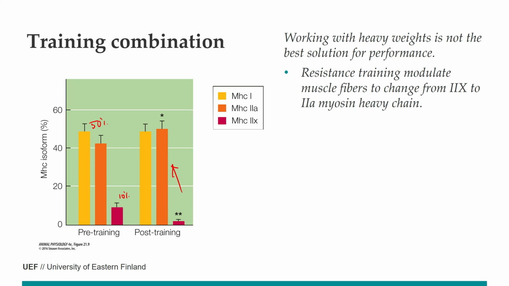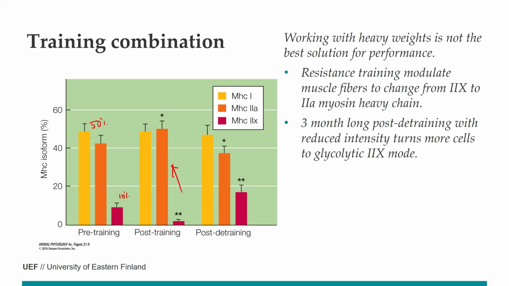But quite often these athletes know that before a large competition they cool down a little. There is a post-training season when you are not using as heavy loads, because that will do the opposite: from these oxidative glycolytic fibers back to fast glycolytic fibers, and now these are almost 20%.